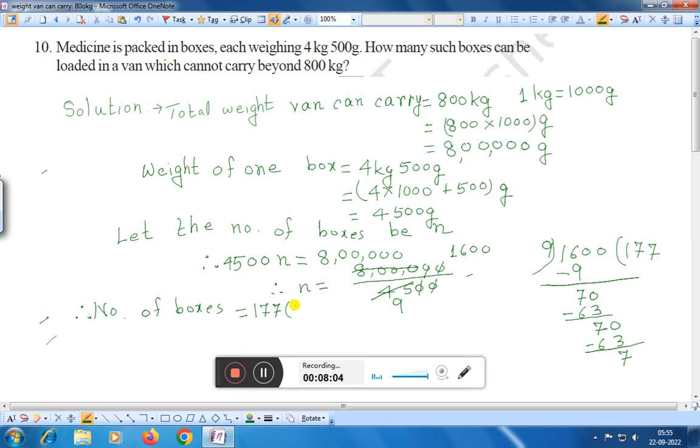This is the answer. And this is the remainder, that is 7 is the remainder, that means 7 gram will be left.